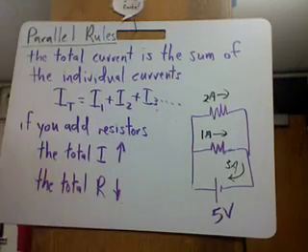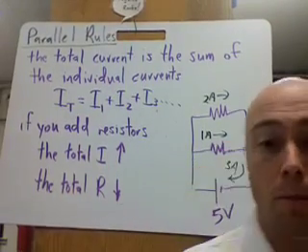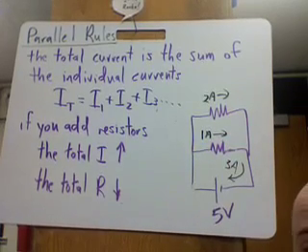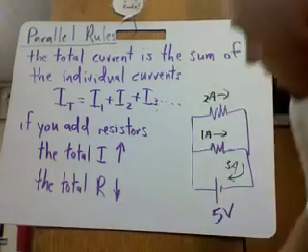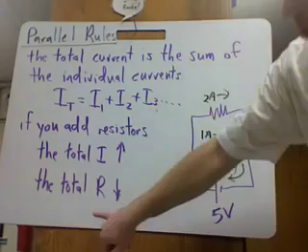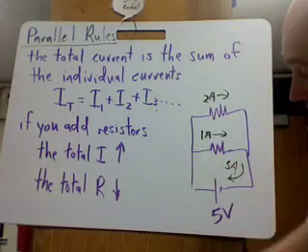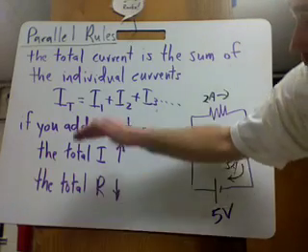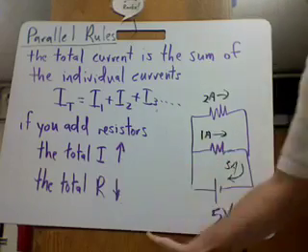Now this is weird, because series circuits are pretty straightforward: if you add a resistor, the total resistance goes up and the current goes down. But with a parallel circuit, if I add more resistors, I'm adding another path, which makes it easier for the current to flow. So my total resistance goes down, and since it's easier for current to flow, my total current goes up.